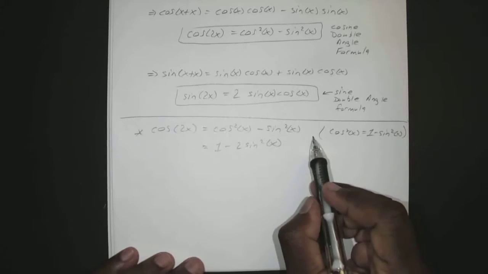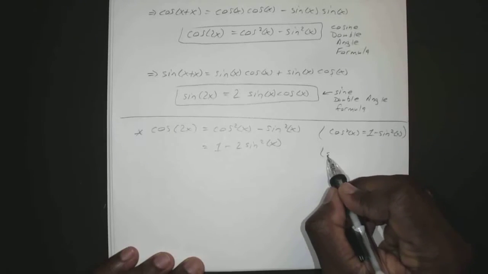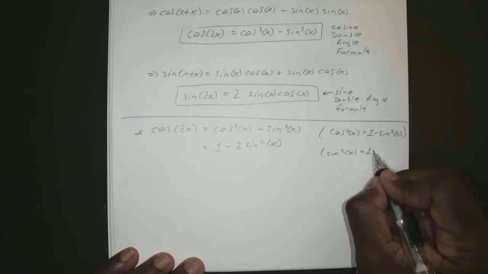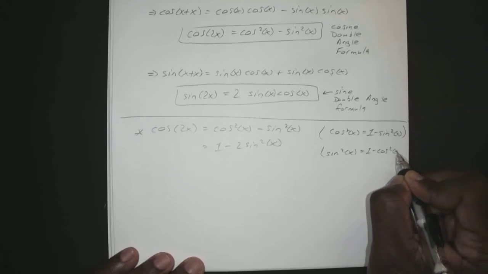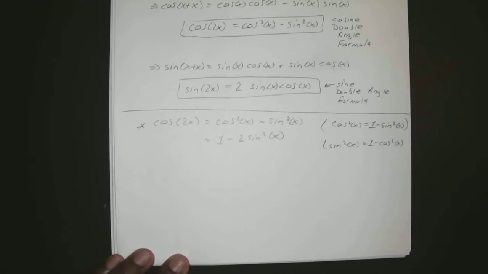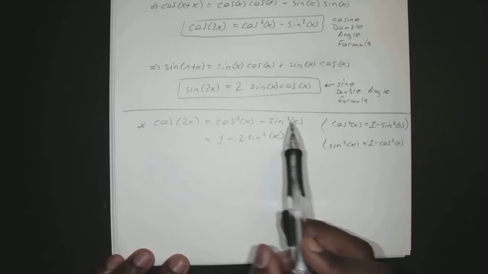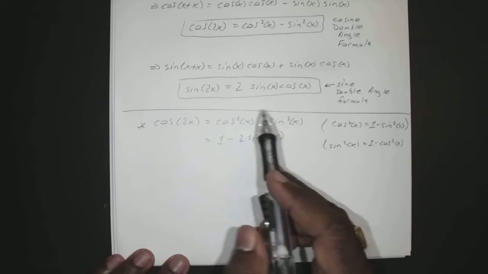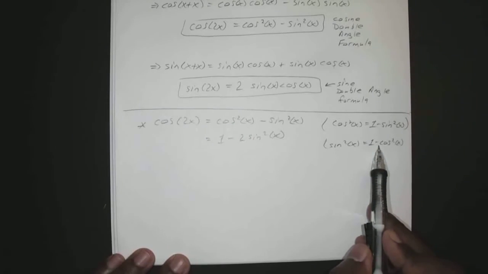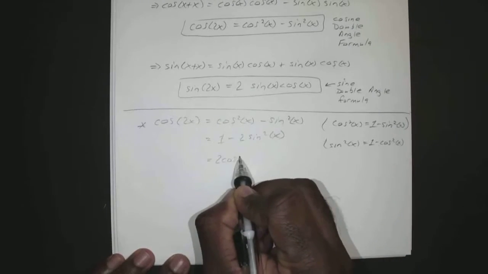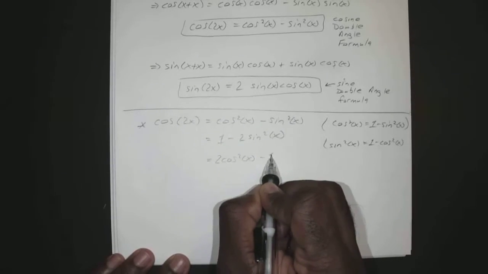Okay. What if we decide to let sine squared of x equal 1 minus cosine squared of x? That means if we change the sine squared to 1 minus cosine squared, that would be cosine squared minus 1 plus cosine squared. So that would be 2 cosine squared of x minus 1.